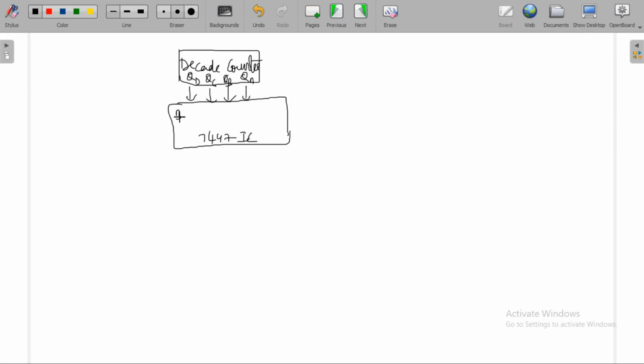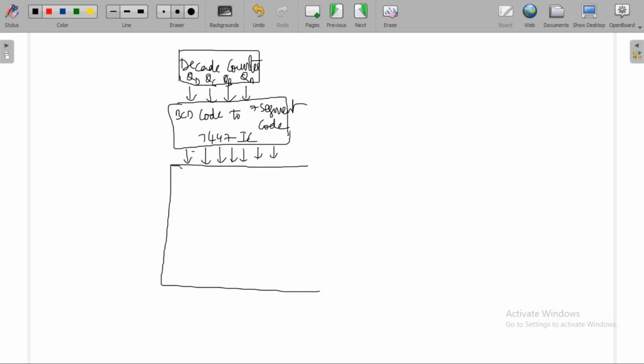It converts BCD code into 7 segment code. This 7 segment code is given to 7 segment display. Okay, A, B, C, D, E, F, G.